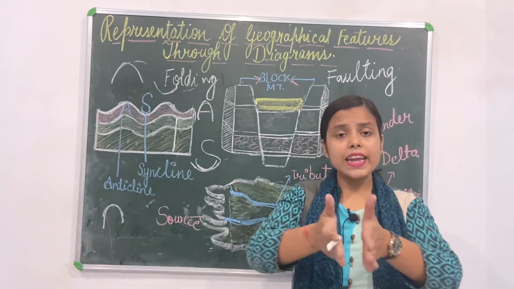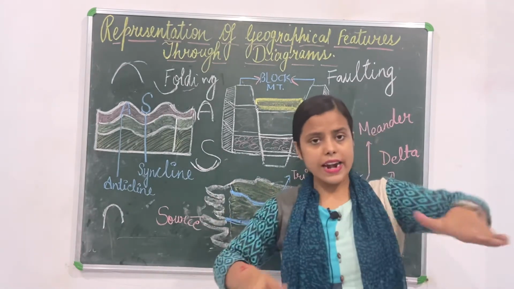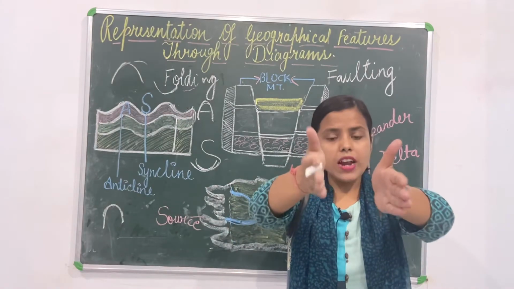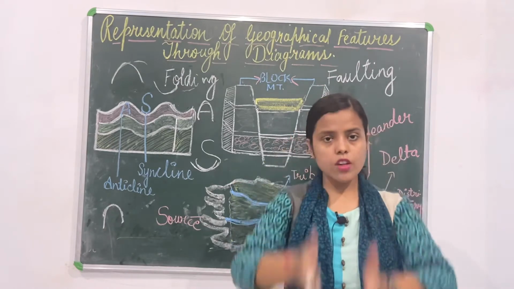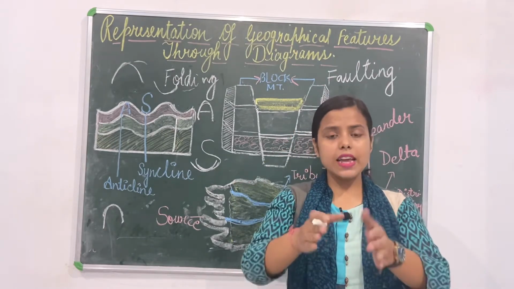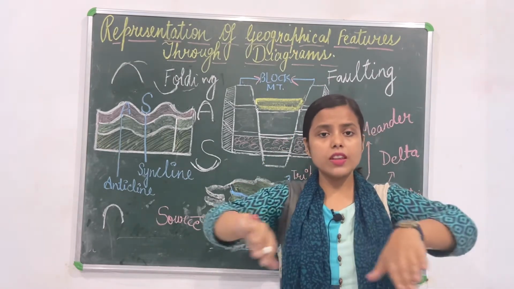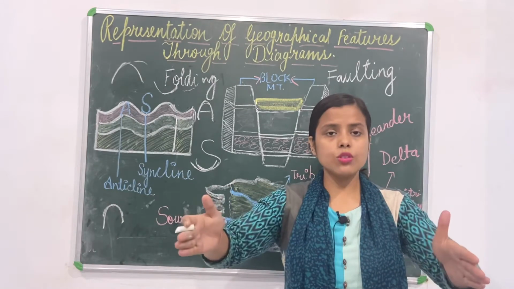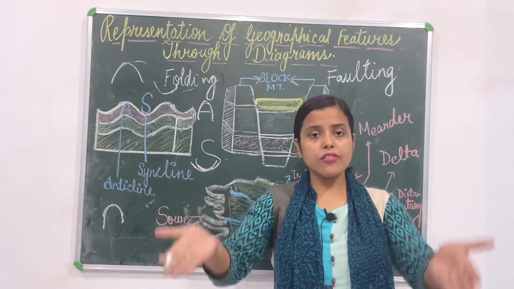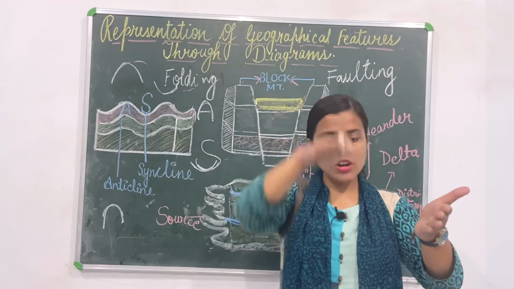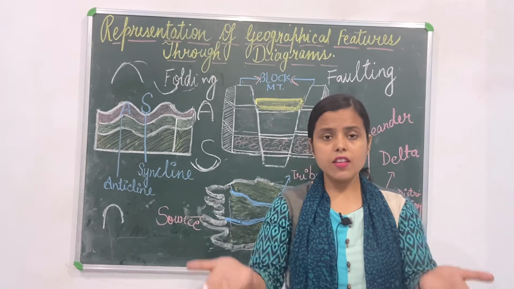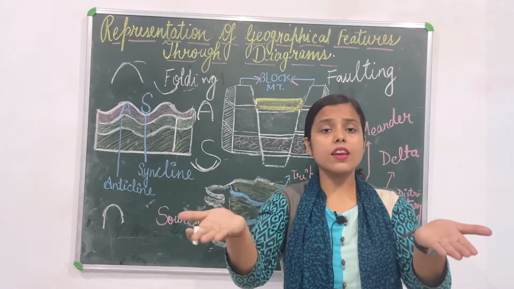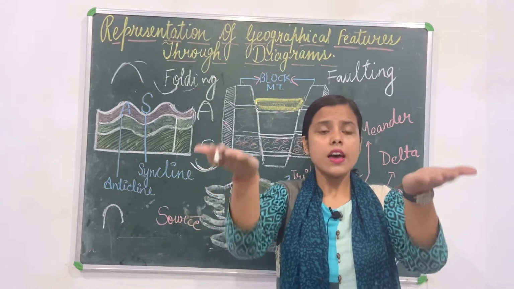And if that area cracks, suppose it is a land and that area cracks, what happens? The cracked area goes inside and there is a space created between the other two lands. The part which goes down goes beneath the earth, and these two parts will look like a raised part.